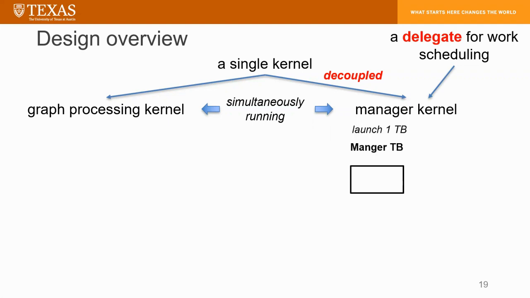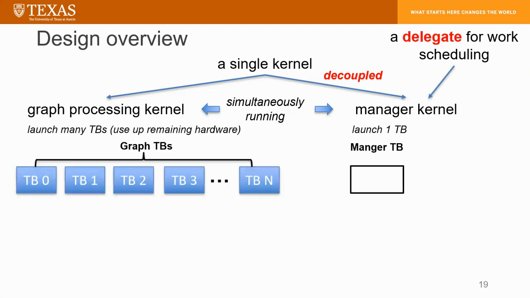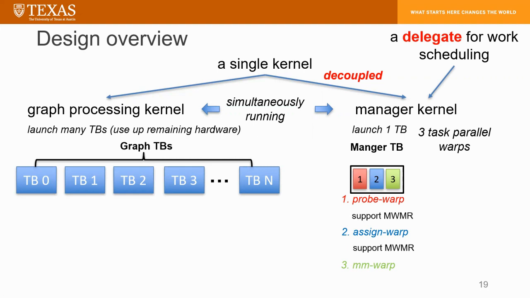We launch a single thread block for the manager kernel, and we use the remaining hardware threads for graph processing. Within the manager thread block, we have three different warps, each with a different task. The probe warp and the assign warp are used to handle multiple read, multiple write operations.